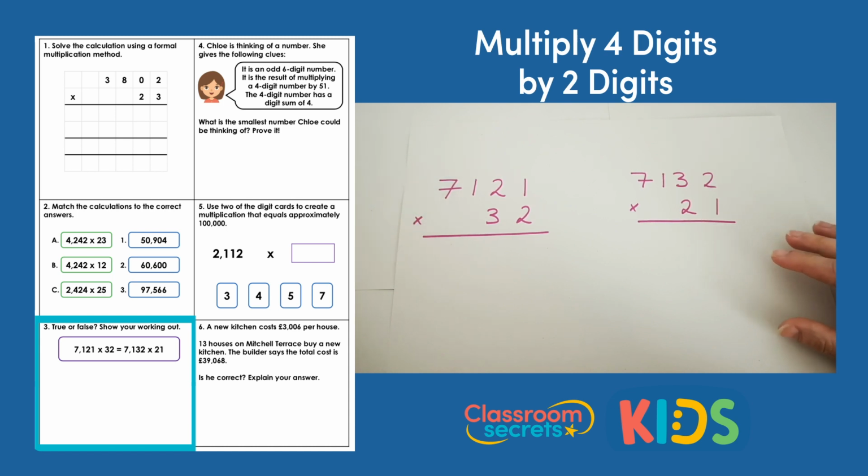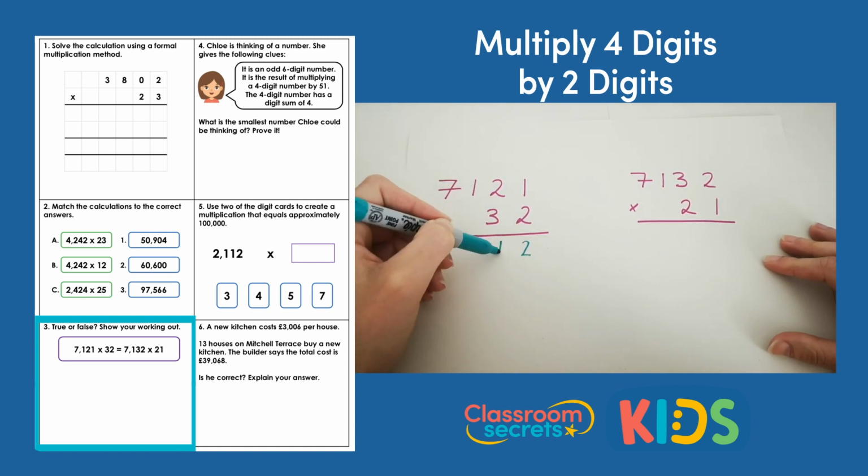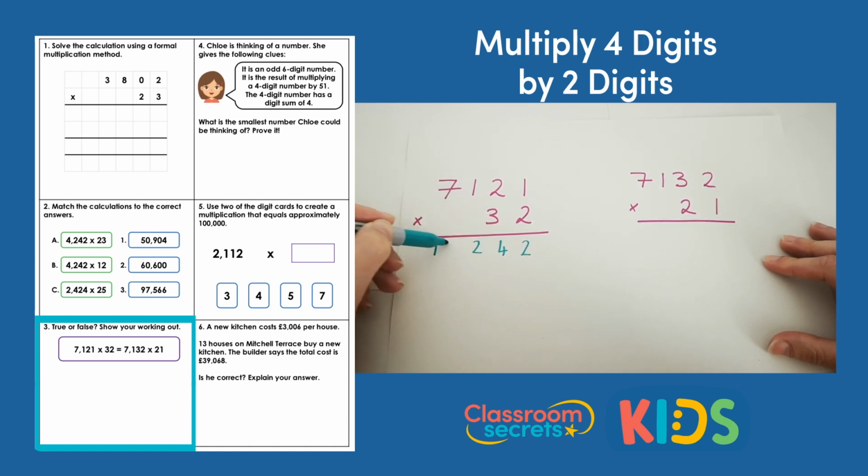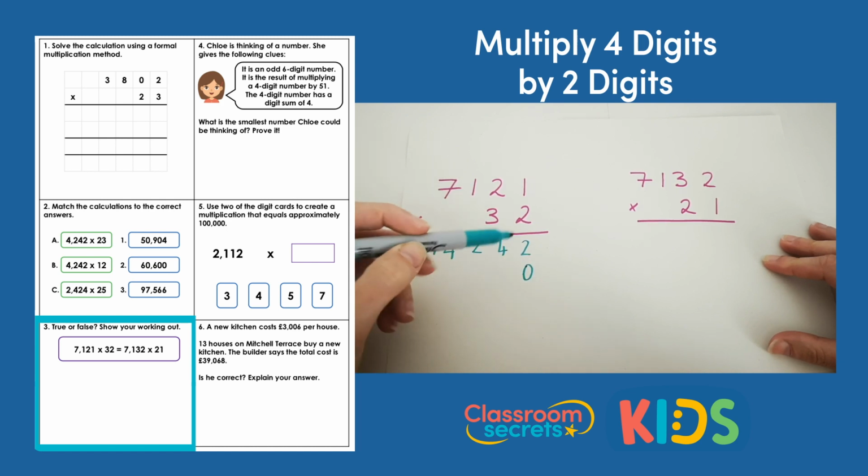7,121 times 32. 2 times 1 is 2. 2 times 2 is 4. 2 times 1 is 2. 2 times 7 is 14. Moving on to the tens number. 3 times 1 is 3. 3 times 2 is 6. 3 times 1 is 3. 3 times 7 is 21.